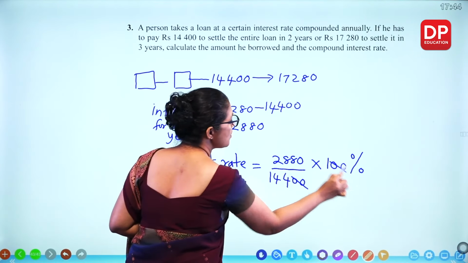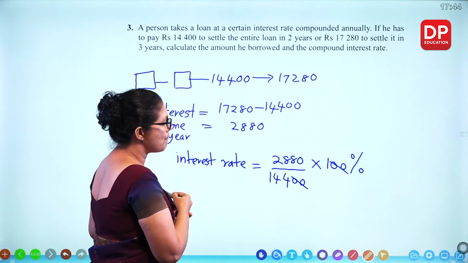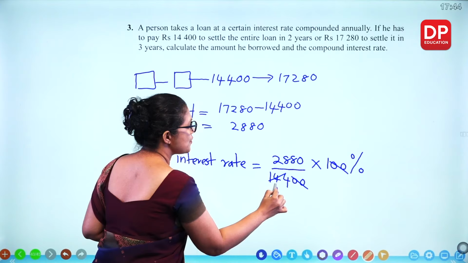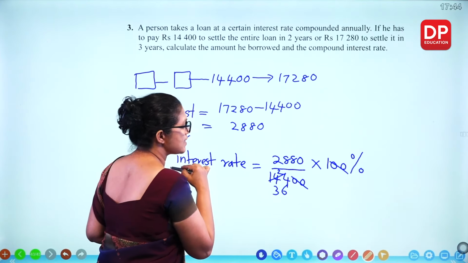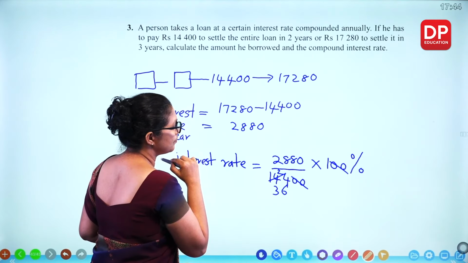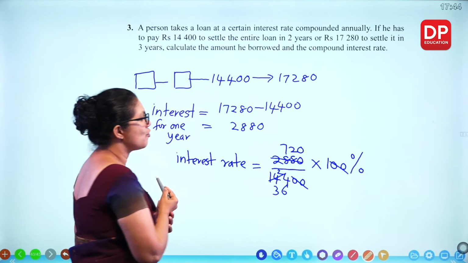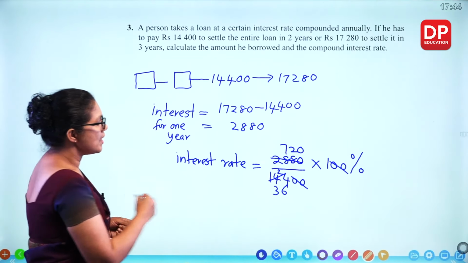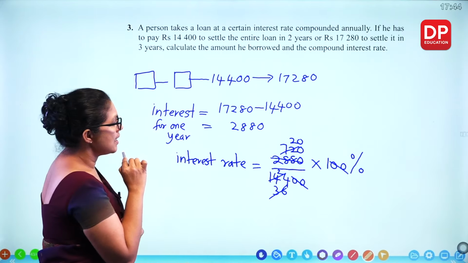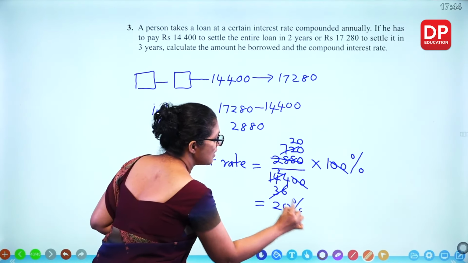So 2 zeros get cancelled out. Divide by 4. 4 times 3, 12. For 24, that's 4 times 6. 4 times 7 and 4 times 2. So 720. 36 times 2. So 20% is the interest rate.